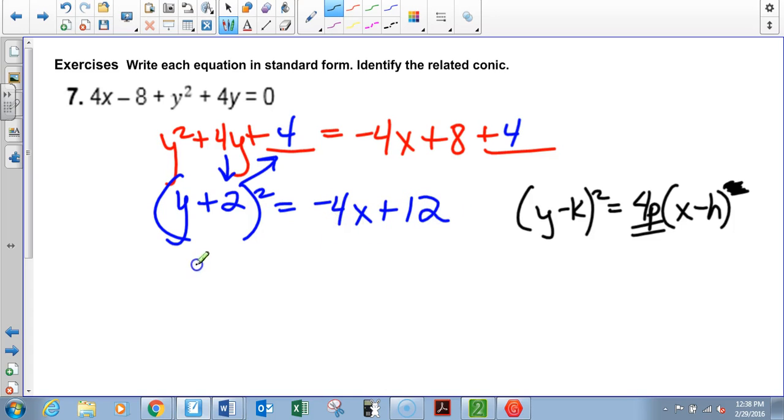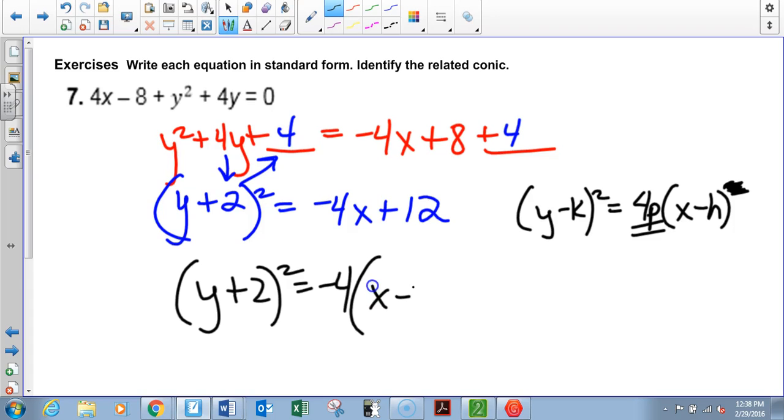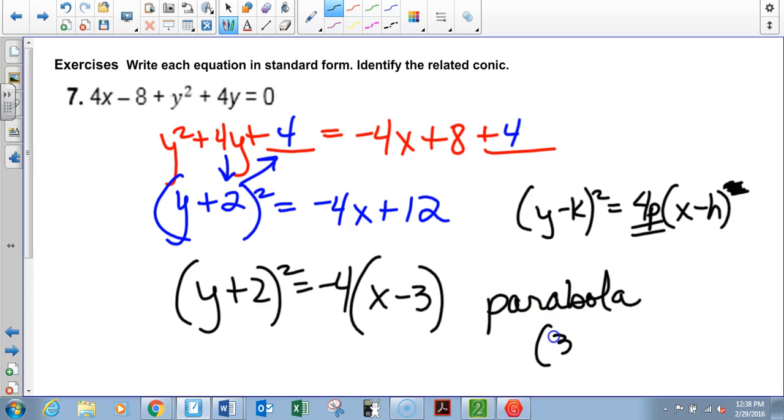Take out a negative 4, which makes this x minus 3. It is a parabola, and where is the vertex? Vertex is at (3, negative 2). (h, k) would be (3, negative 2), and it would open sideways because it's a y squared, and it's got a negative, so to the left. Yep, good job.